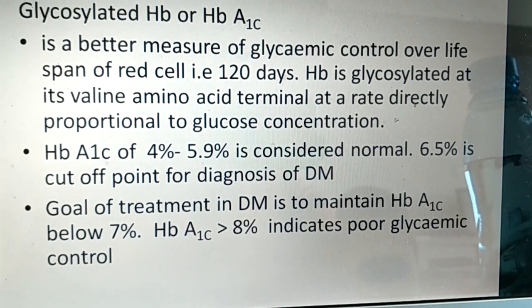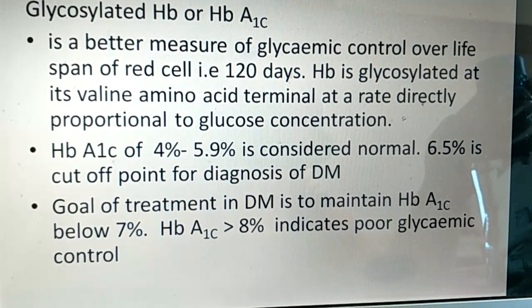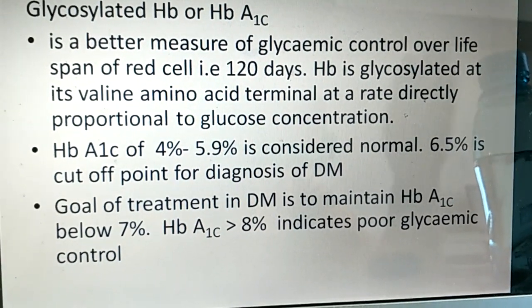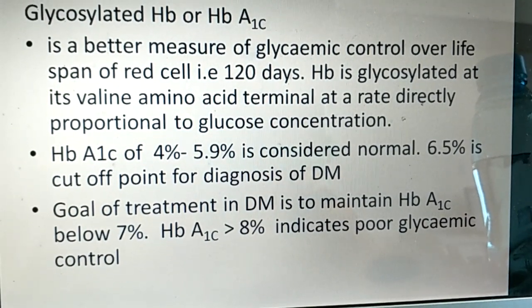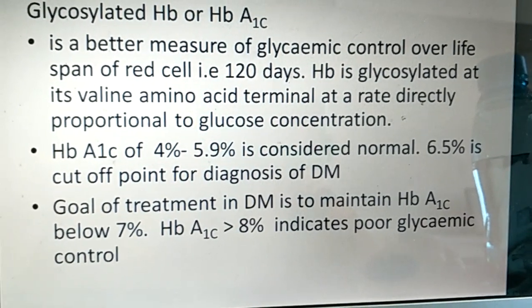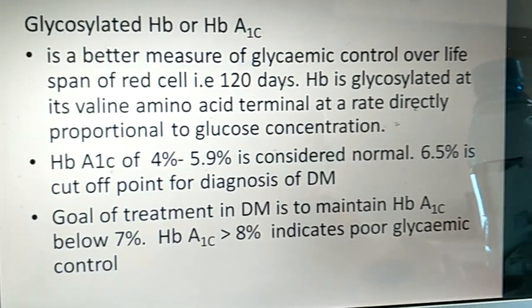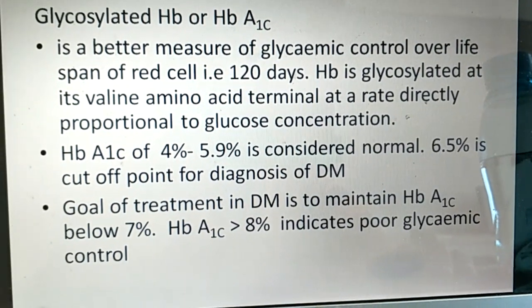If the levels are below 7%, it is said that control is good. But if it exceeds 8% in a diabetic patient, it is said that glycemic control is poor and there needs to be some change in his treatment. Dosage is to be increased or further measures or change of drug, like that.